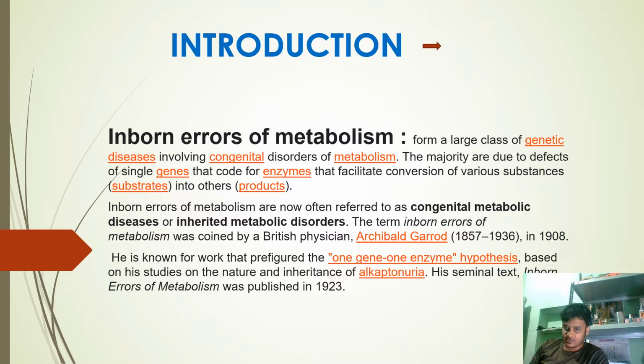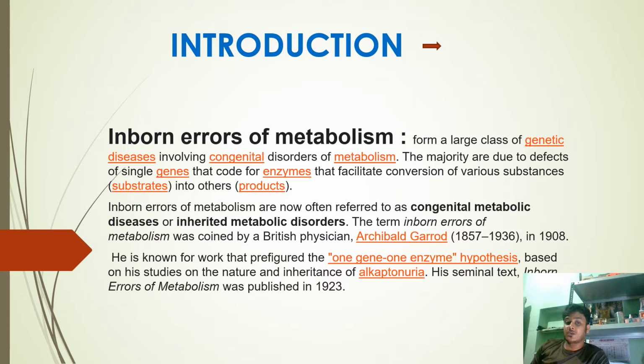What is metabolism? Metabolism means the utilization of glucose, carbohydrates, proteins, and fats into metabolite products. The majority are due to defects of single genes that code for the enzyme that facilitates the conversion of various substances or substrates into other products.